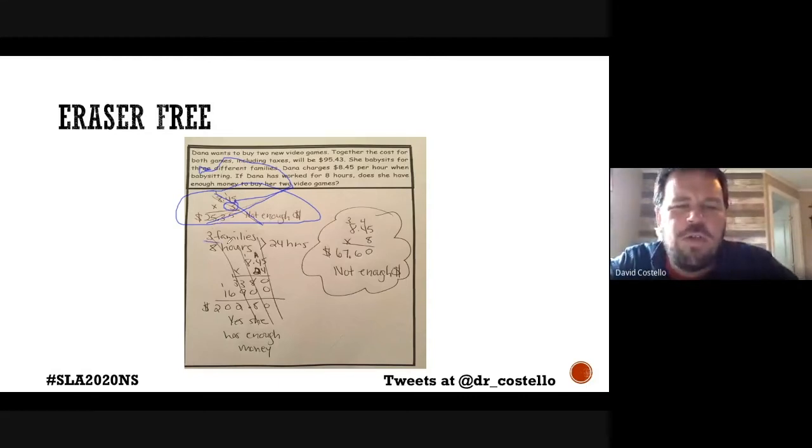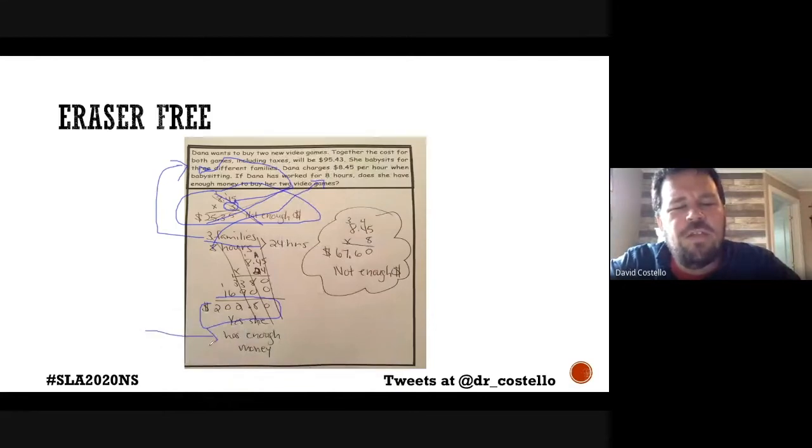She said, okay, there's 3 families, which she took from the problem, and there's 8 hours of babysitting. So that would be 24 hours. So she multiplied $8.45, her hourly rate, by 24, and she found the product of $202.80. She said, yeah, she has enough money.